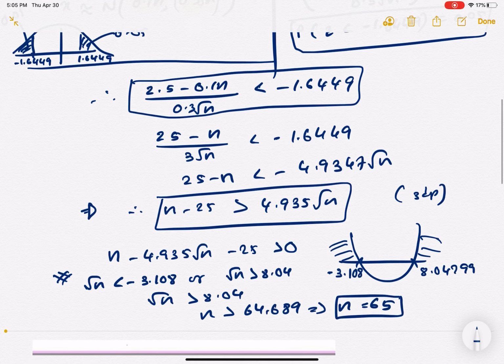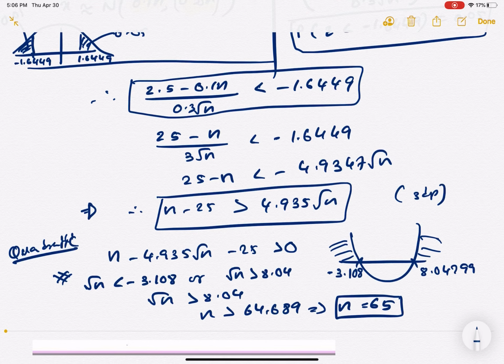So this can be considered as a quadratic inequality of root n. So n can be considered as y squared, root n can be considered as y. So that gives a quadratic equation, and the two roots will be 8.04 and minus 3.108.